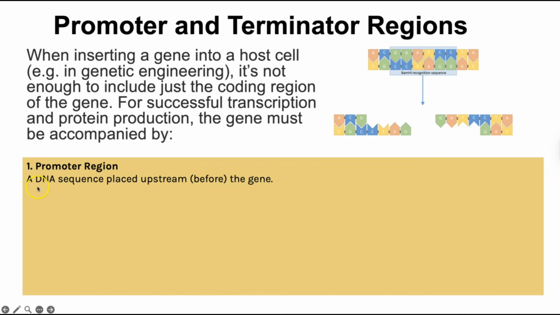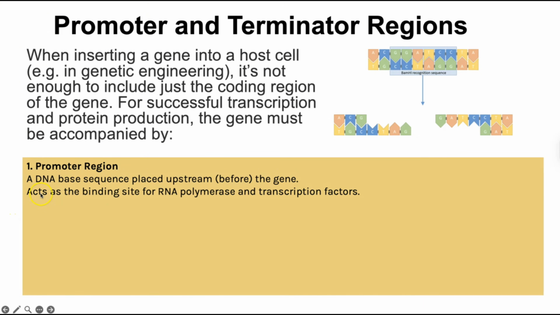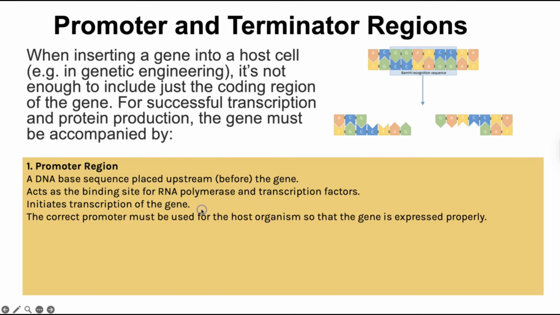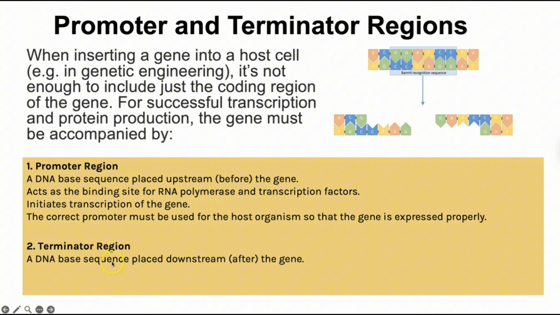And the DNA sequence is inserted before the gene. And that acts as a binding site so that RNA polymerase and transcriptional factors have something to bind to so they can initiate transcription. The correct promoter must be used for the host organism though, so that the gene is expressed properly. Now at the very end of the gene, a DNA base sequence is added as well, and that's called the terminator region.